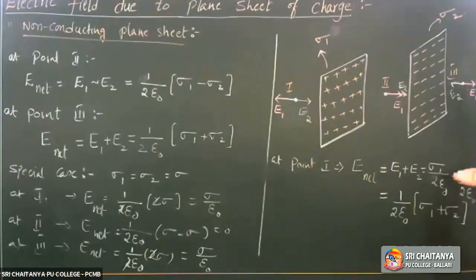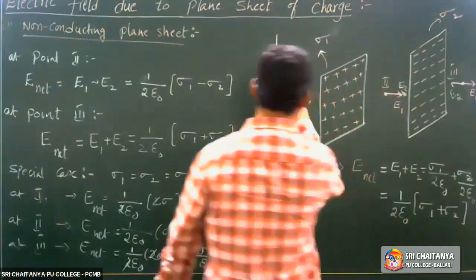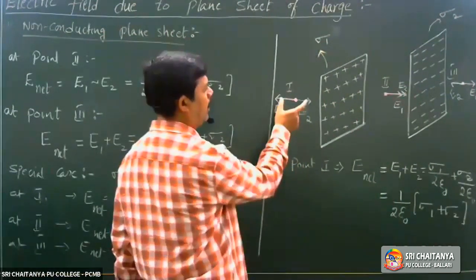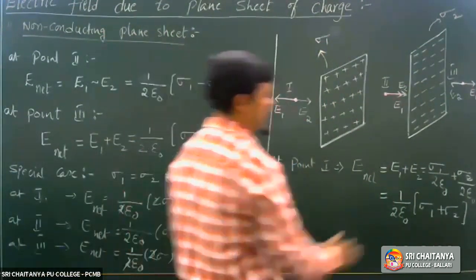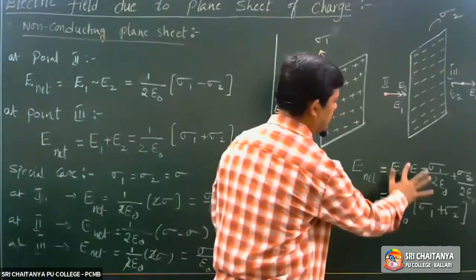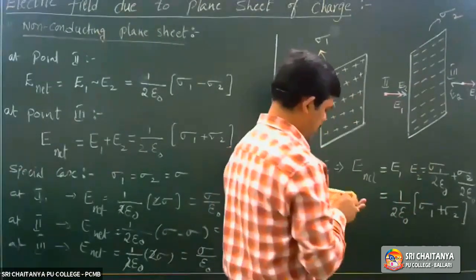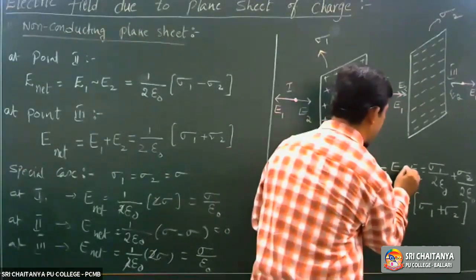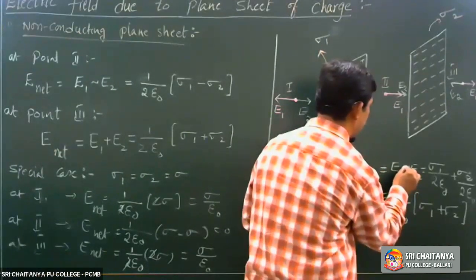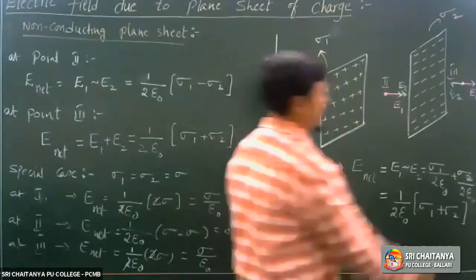Right? Come to unit. At point E1, at point 1, how are these two opposite? So how can I write this? Difference.